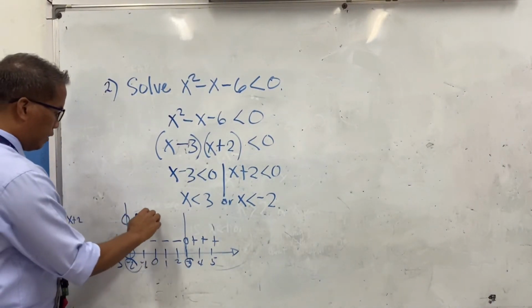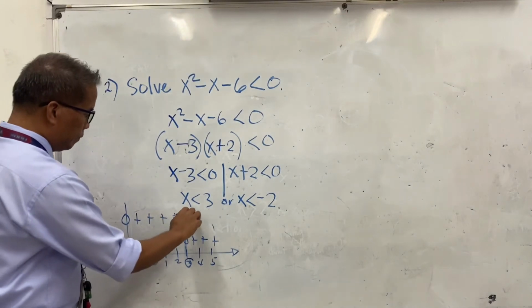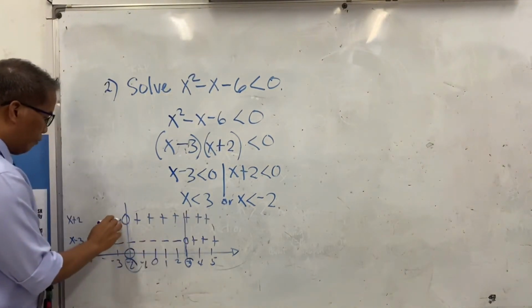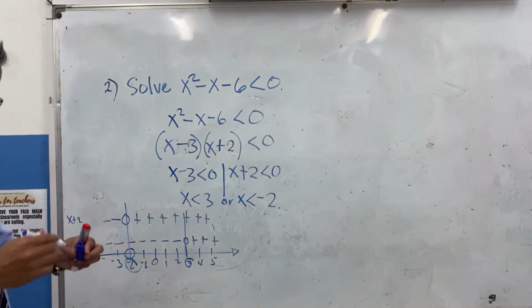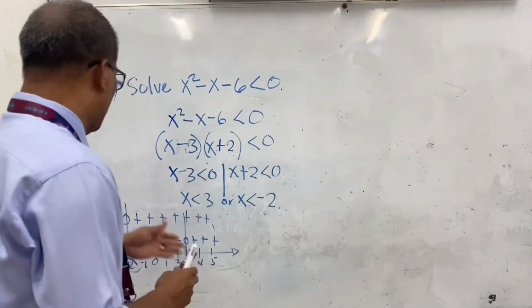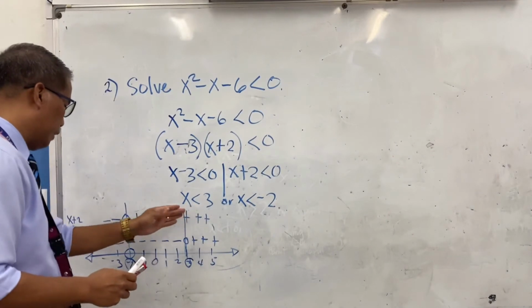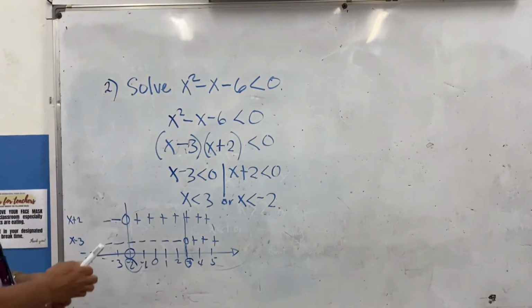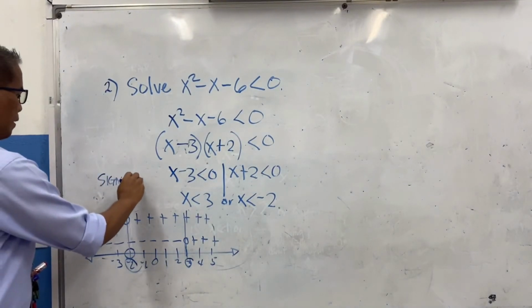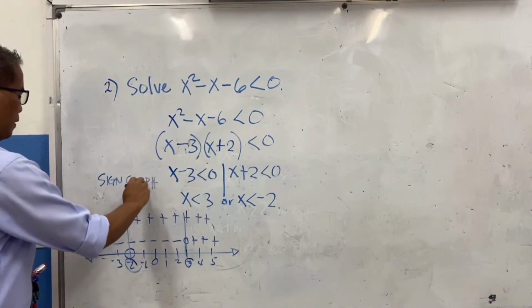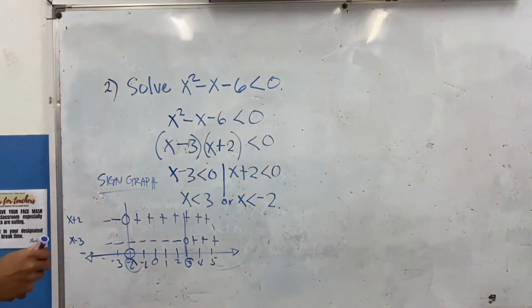The positive here, then at the left will be negative. Alright, so we have 3 regions: region 1, region 2, region 3 in this sign graph. So this is our sign graph. Alright.